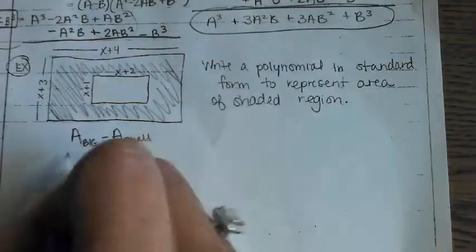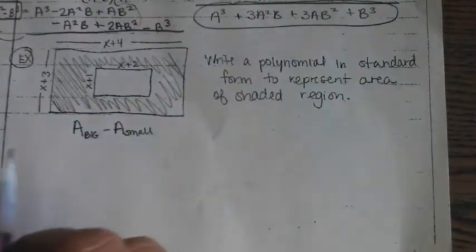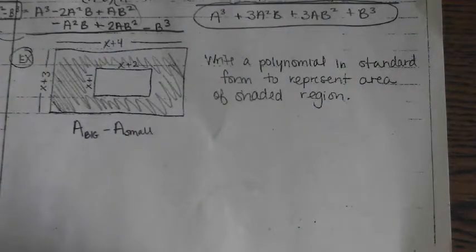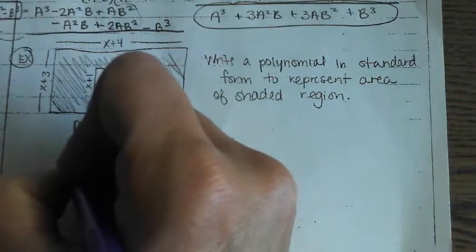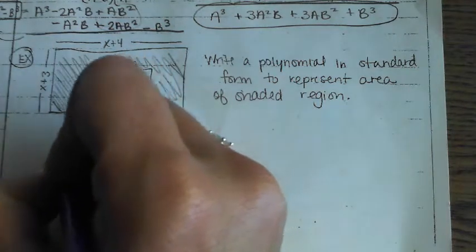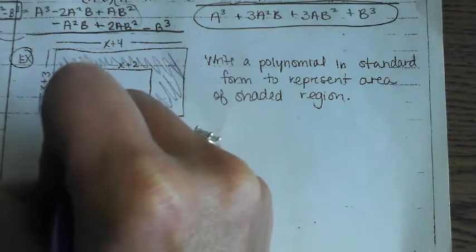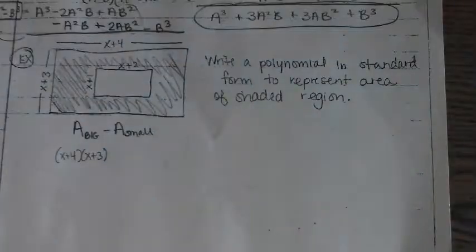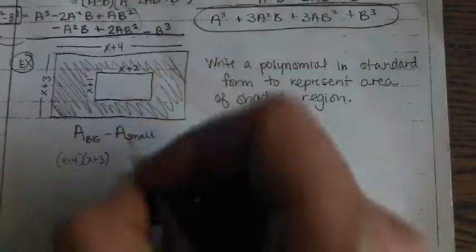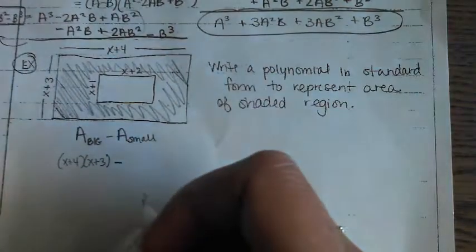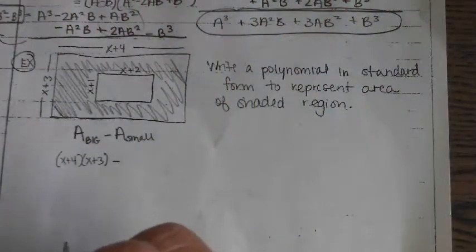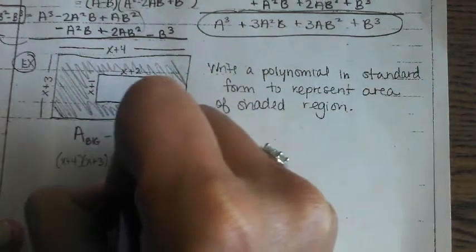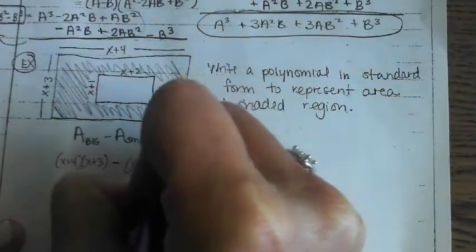So what is the expression that we would start out with for the area of the big, Nathan Z? Say it one more time. Good. X plus 4 times x plus 3. That's just your length times your width of the big rectangle. And then we want to subtract the area of the small, which is what, Michelle? Good.